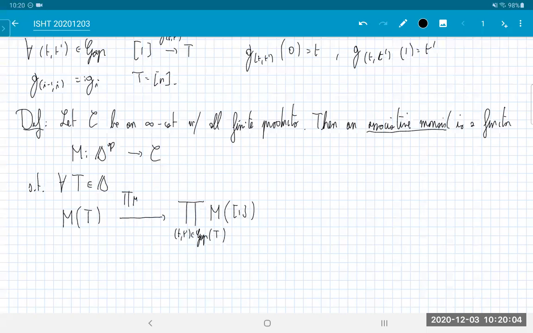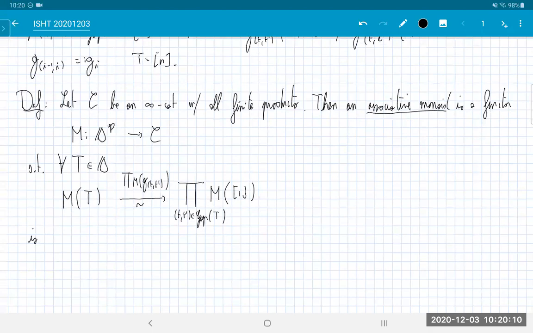This is just the product of M of G T T prime. And we ask that it is an equivalence. Okay, this was the definition I gave.